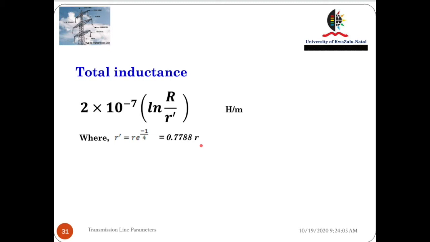It will be used in this form all the way up until the end of this chapter. 2 times 10 to the power minus 7 log R by r prime, meaning the distance of all other conductors and the distance of the conductor itself, meaning the self distance. So we need to remember that.